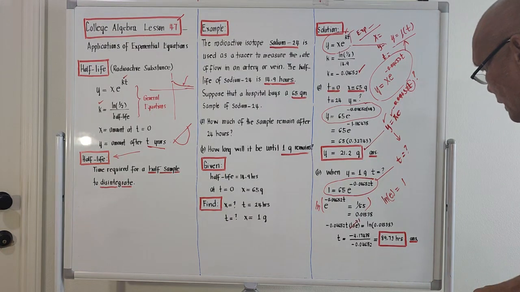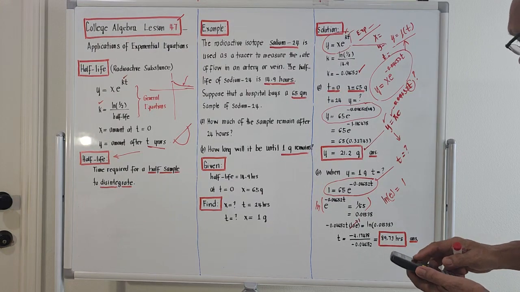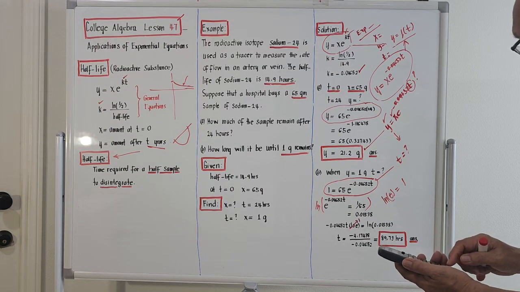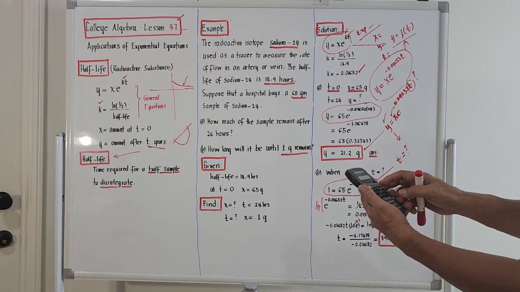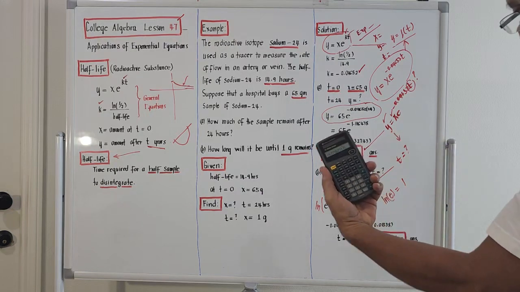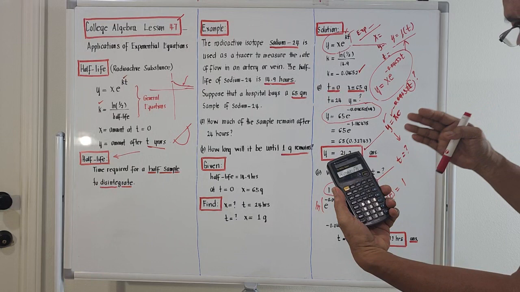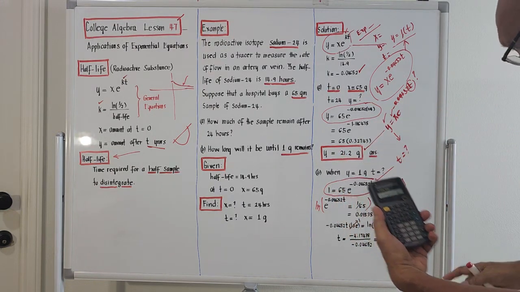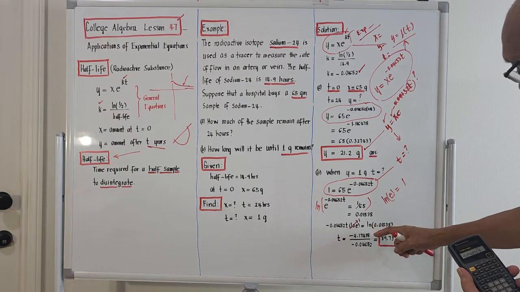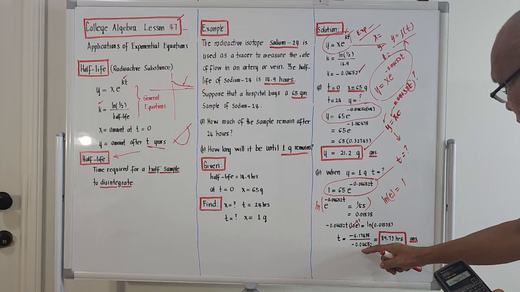The natural logarithm of a number less than 1 should be a negative value. This is negative 4.17438 all over negative 0.04652.